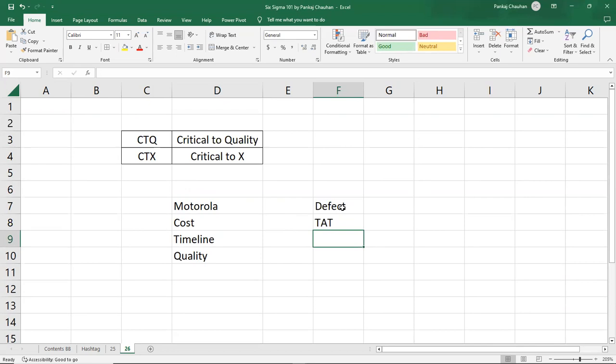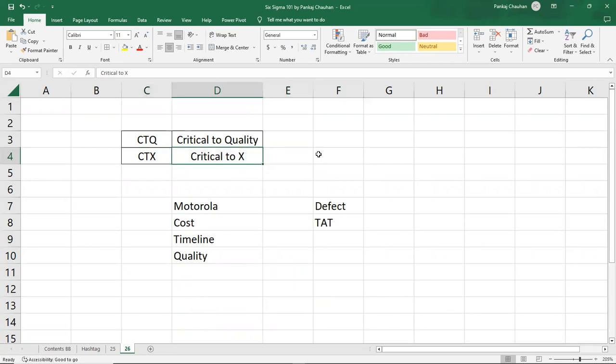They could be working on any other metric, whatever you consider: cost reduction, productivity improvement, quality improvement, timeline improvement, delivery improvement, employee satisfaction, safety, morale, whatever. So all those things will not fit under these three: cost, timeline, and quality. Instead of calling them CTQ, we started calling this CTX.